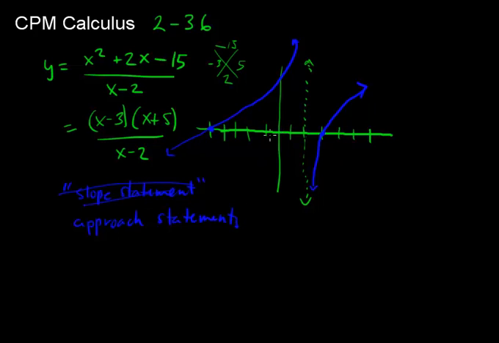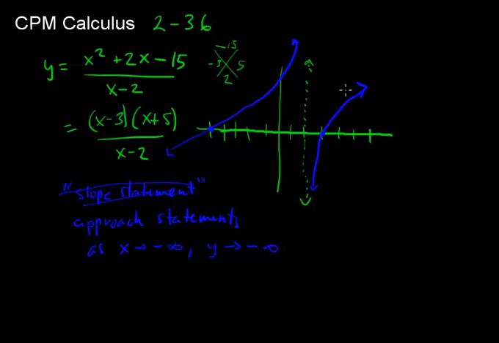If we look along our x-axis, we can go all the way to the left. So as x goes to negative infinity, what happens to our output? Y approaches negative infinity. As we go to the left, left, left, we're going down, down, down. Now we could also approach 2.